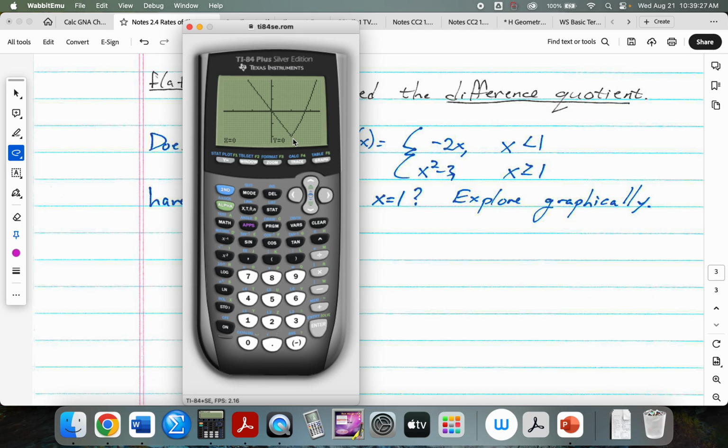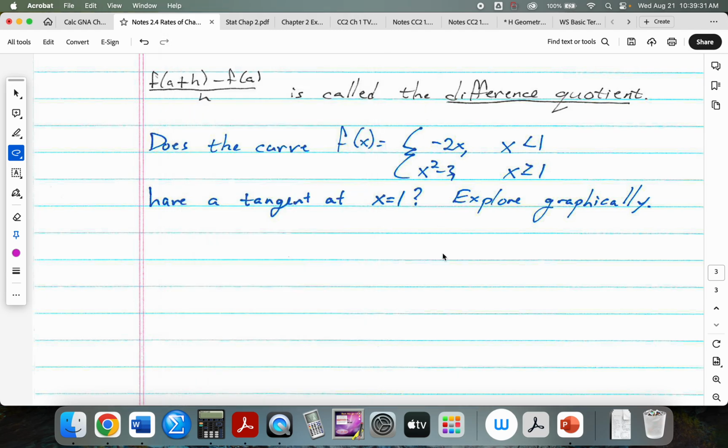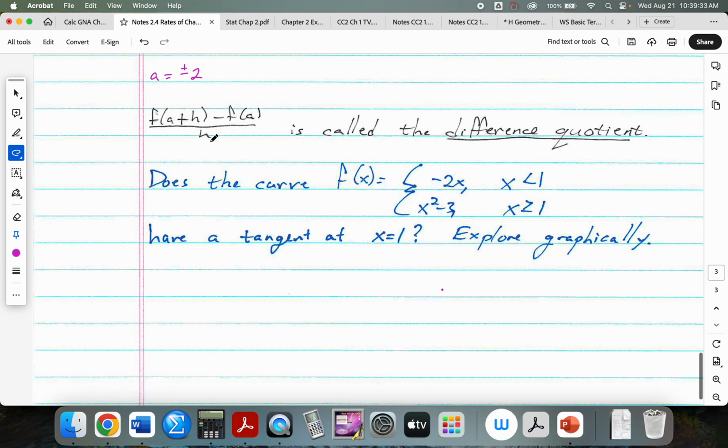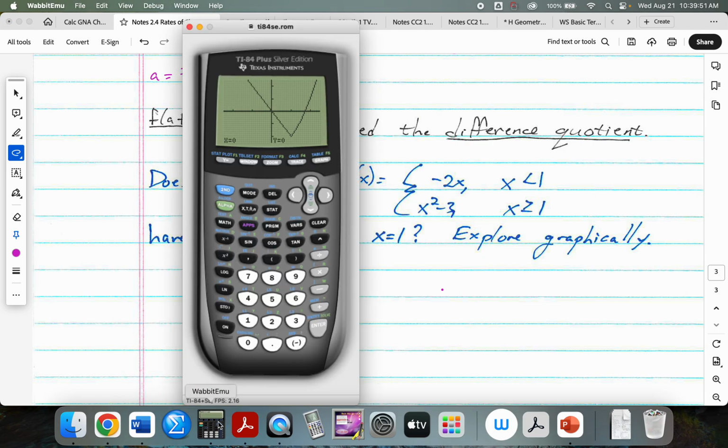No. If we were to look at the difference quotient and do the limit as h approaches 0 from the left, we would be using this branch. And if we were doing it as h approaches 0 from the right, we would be doing this branch. And what's going to happen is those two slopes do not agree with one another.